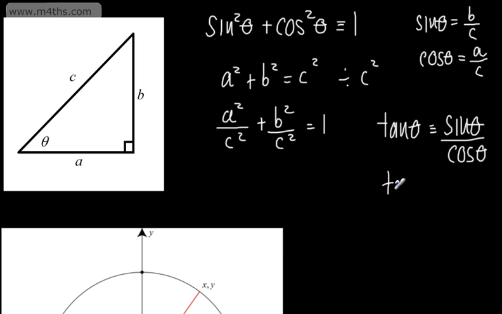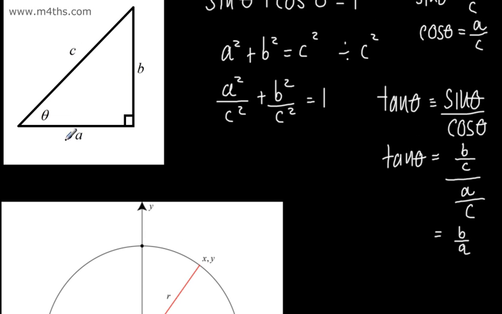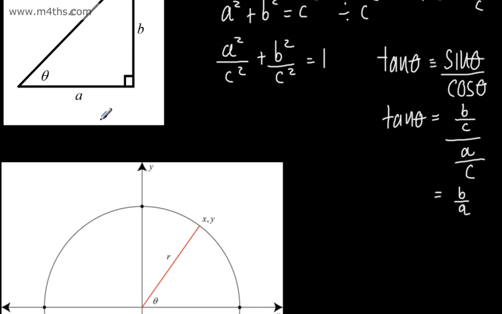So we can write now that tan theta, we've got sine theta, which is going to give us b over c, divided now by cos theta, which is going to be a over c. The c's are going to cancel, and that's going to give us b over a, which we can see from here. So that's another demonstration that these hold true by taking these values of a, b and c.